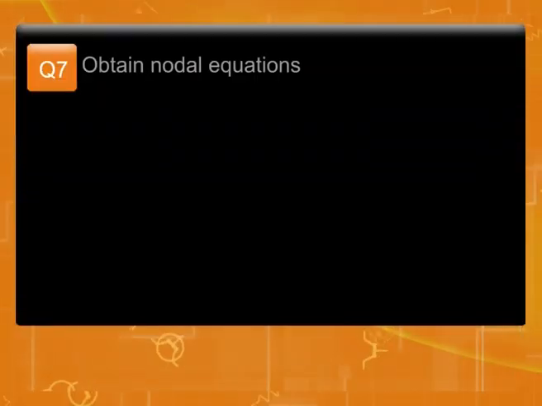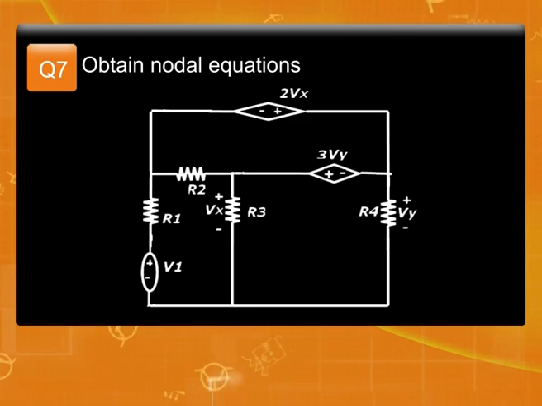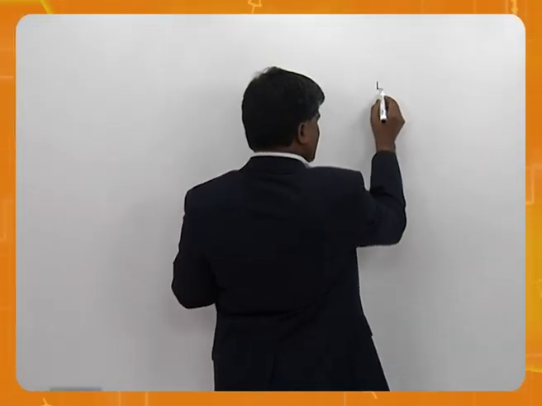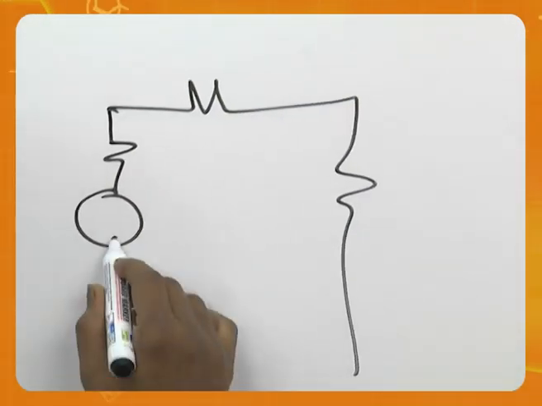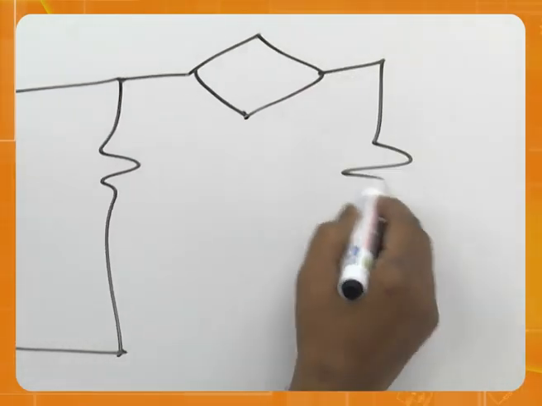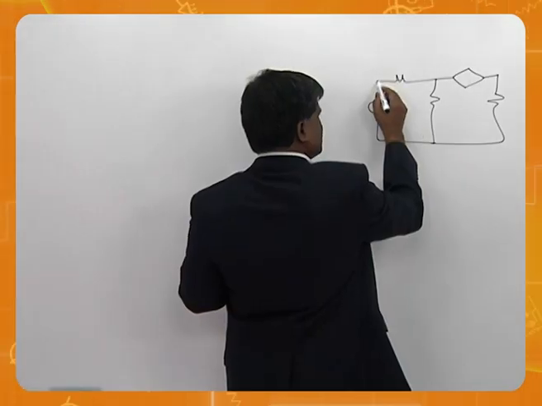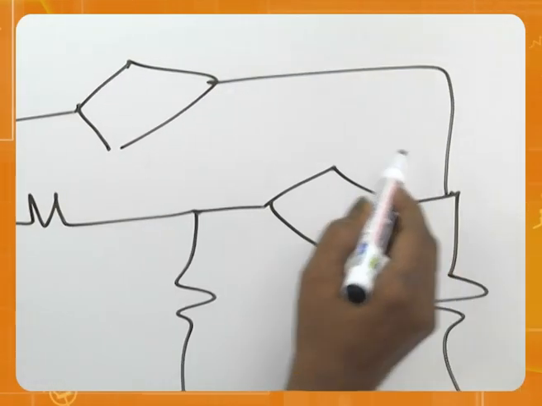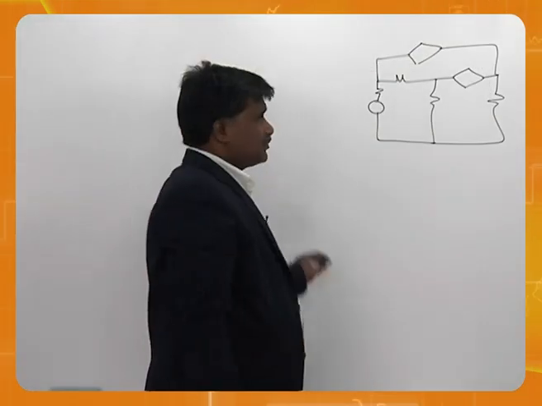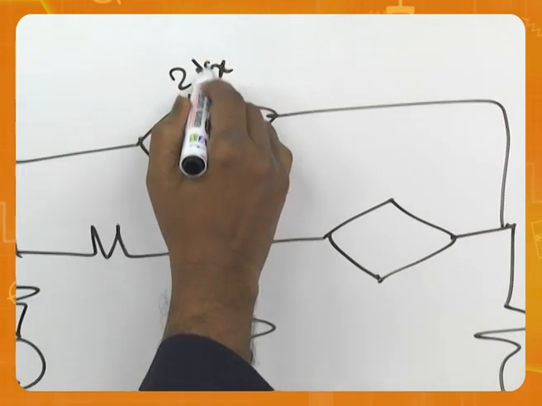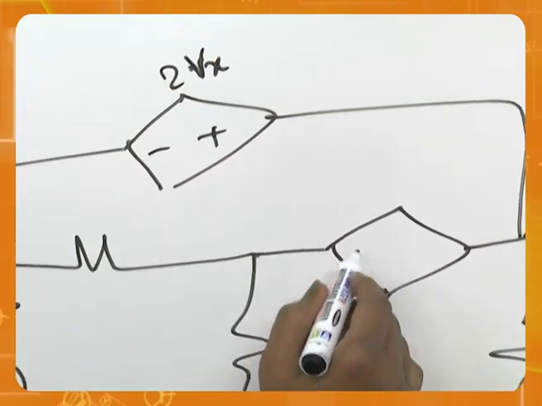So let's go for the 7th problem in mesh and nodal. As you observe, I am going to further reduce it. Now I am converting this as a voltage source.